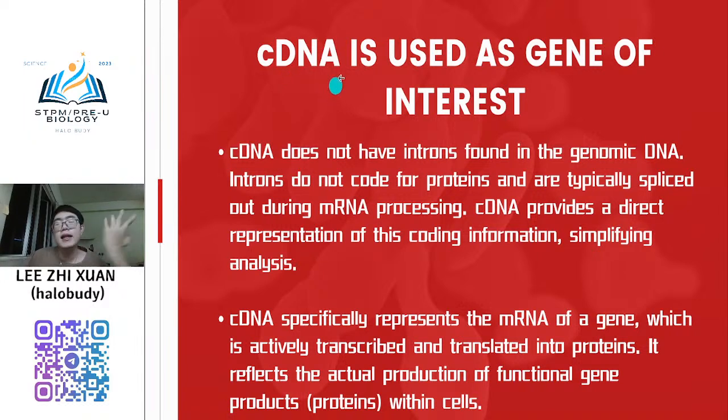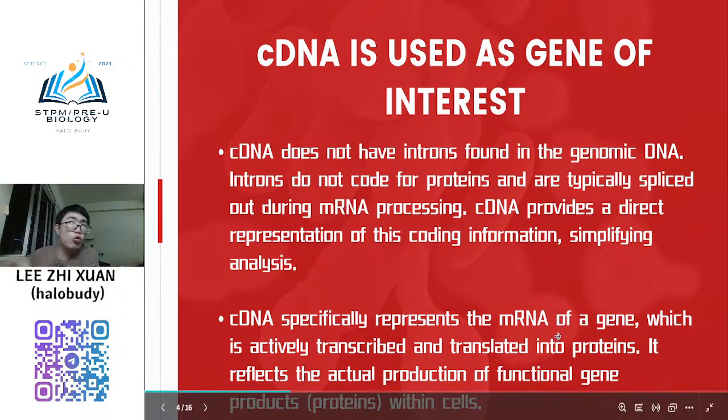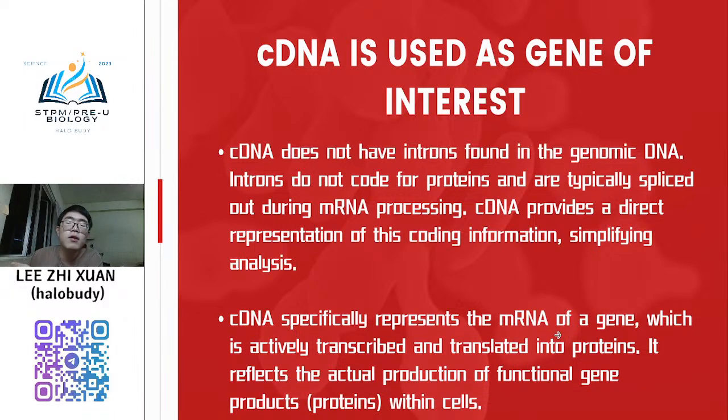So what is cDNA? Normally cDNA provides a direct representation of the coding information, meaning the cDNA does not contain the intron region. It only contains the exon region, meaning you can directly use this cDNA as a template, undergo transcription to produce mRNA, and then directly use this mRNA to translate the protein.